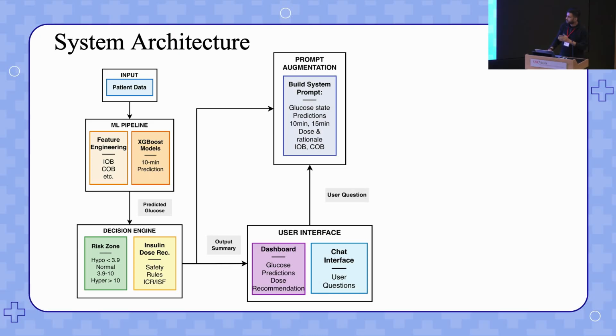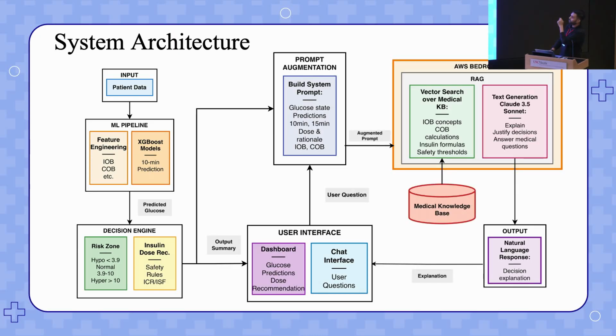That augmented prompt goes to AWS Bedrock, the service that we are using for our foundation model and RAG system. Then that system retrieves all the required information for the explanation from the medical knowledge base that was created by us, which has authentic medical sources, rules, and data.